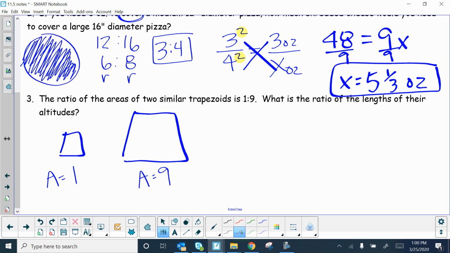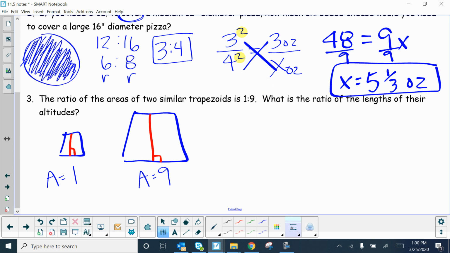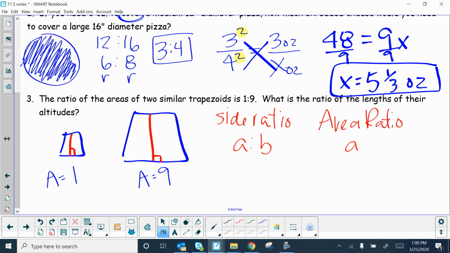So let me draw in the altitude. Here's an altitude. And there's an altitude, meaning the height of the trapezoid. A lot of y'all might think that, oh, well, if the areas go 1 to 9, then the altitudes are going to go 1 to 9. But no, because you have to remember the side ratio is A to B, and the area ratio is A squared to B squared.